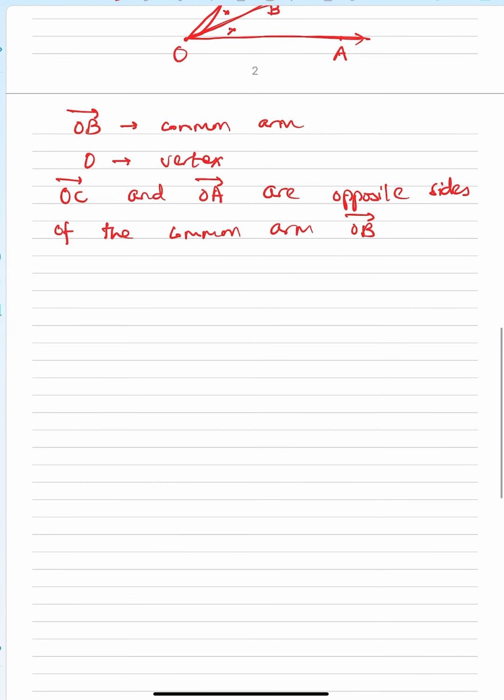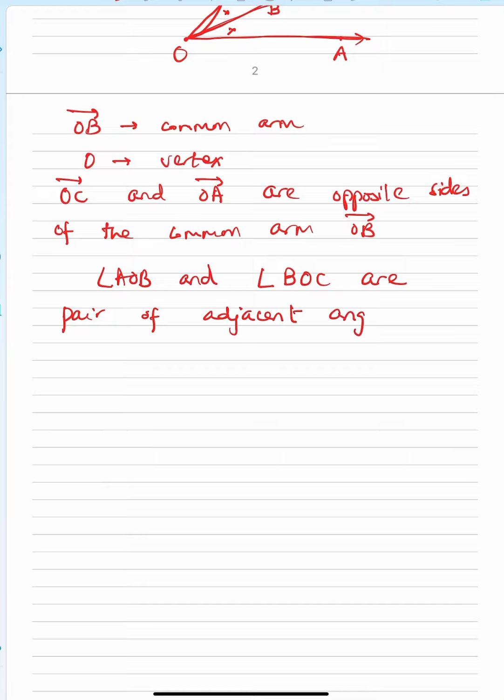Therefore I can say that angle AOB and angle BOC are a pair of adjacent angles.